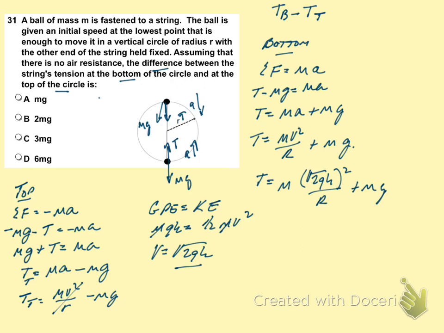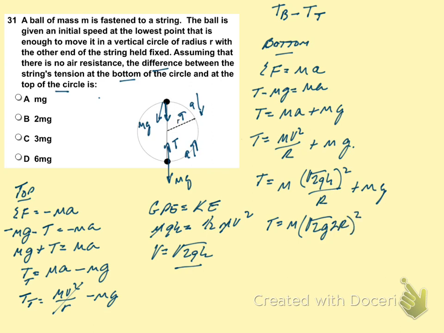And the height that we would be comparing against from top to bottom would be 2r. So let's change that. T equals m times the square root of 2 times g times 2r.